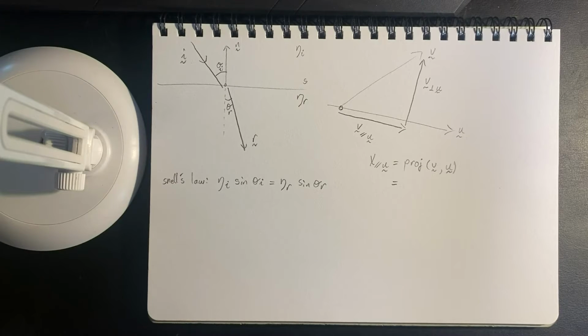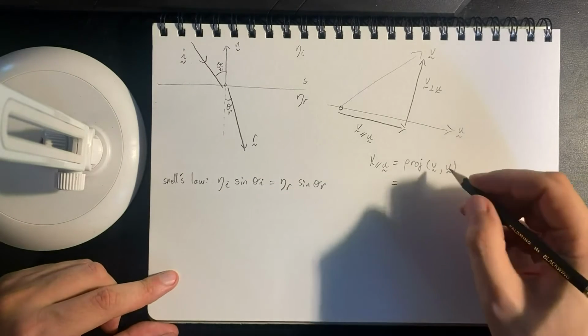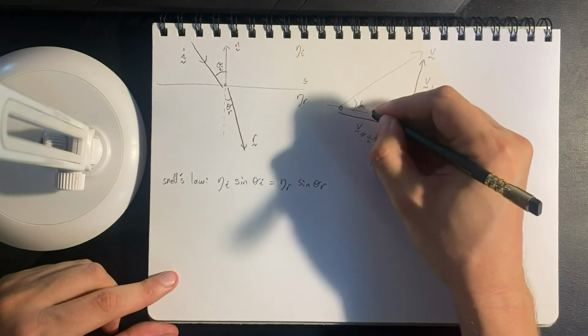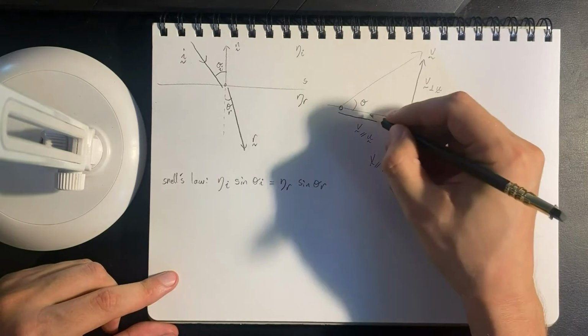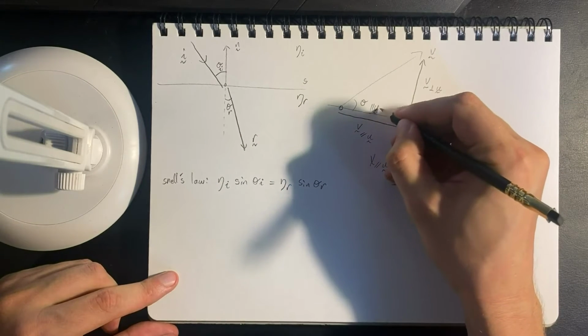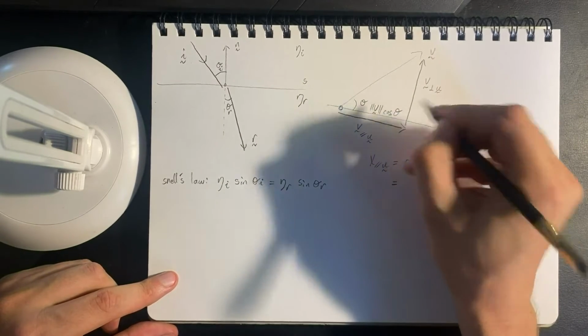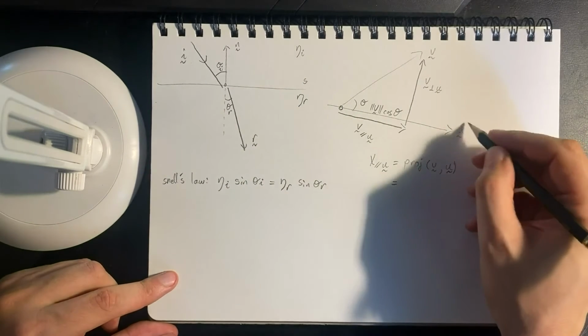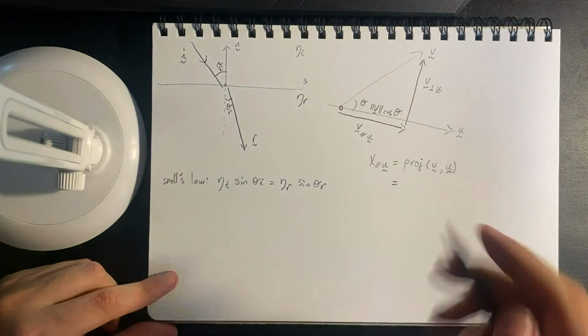Anyway, so what I'll need to do is I'll need to say, well, have some angle, and the length here will be the length of v times the cosine of the angle, which looks a lot like the inner product, especially if u is normalized.